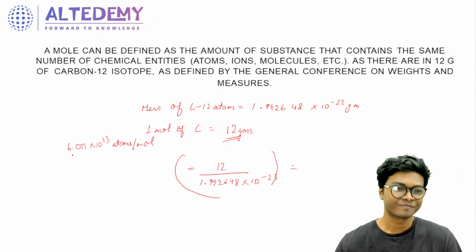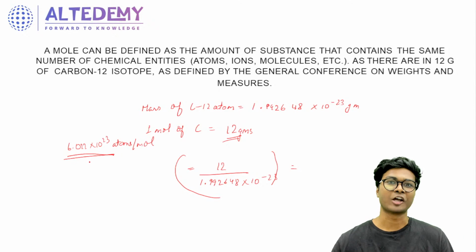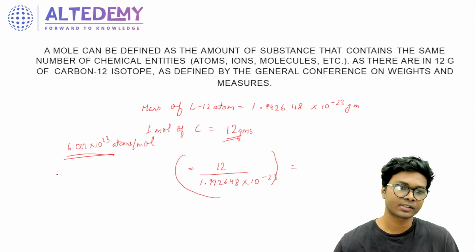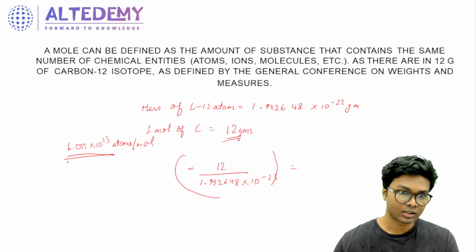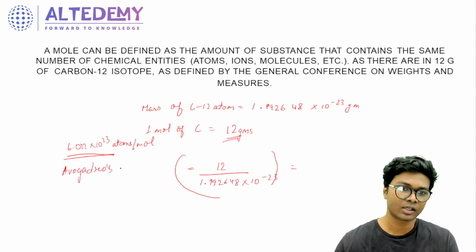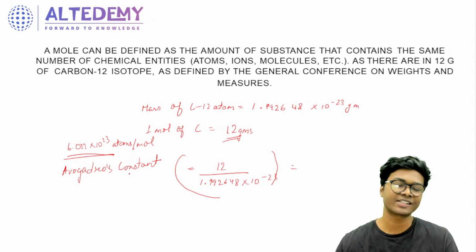And this number is now known as the very famous Avogadro's constant. Why do we call this Avogadro's constant?